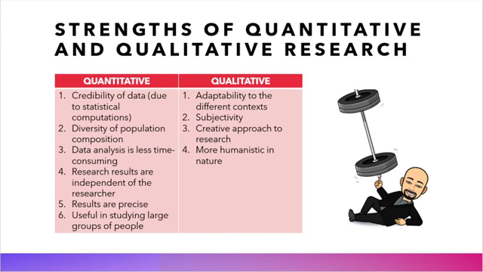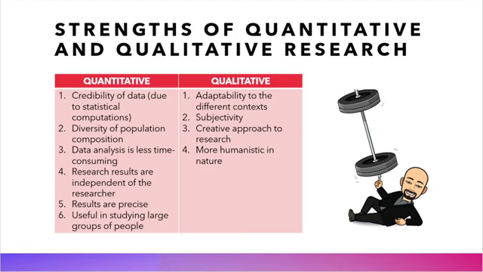some of the strengths of quantitative research is that first, many people would look at the credibility of data in quantitative research because the numbers speak for themselves, apparently. There's also the diversity of population composition, because most of the time we do random sampling. We choose participants or respondents at random, therefore adding to the diversity of the sample.